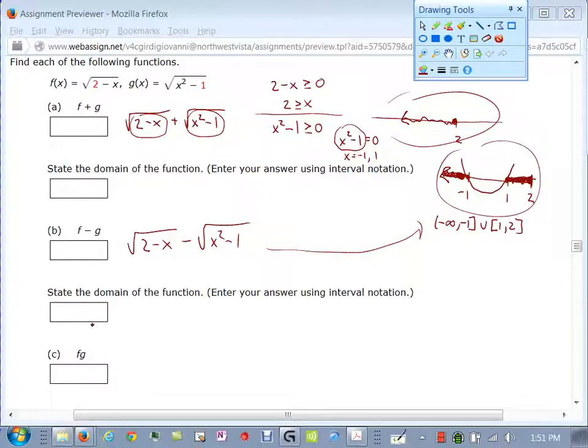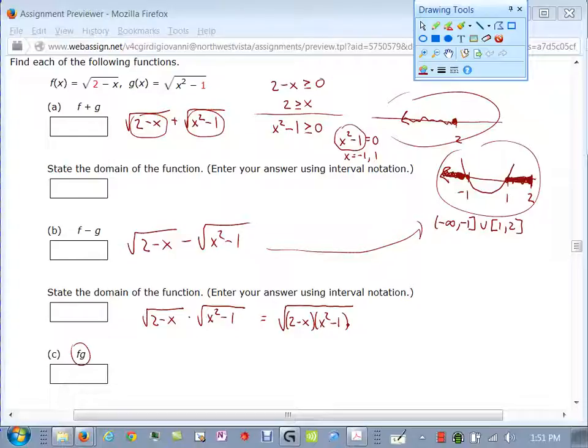All right, and now let's look at fg, which is the product. So if I take this times this, then what we can do is put them both underneath the square root. This, that. And then you can multiply that all out.